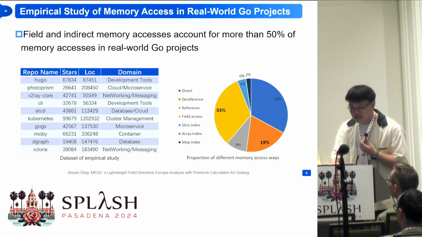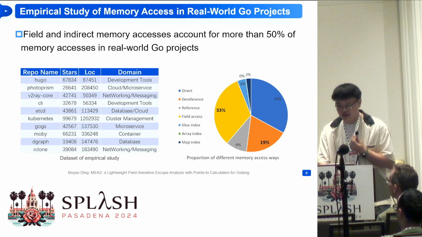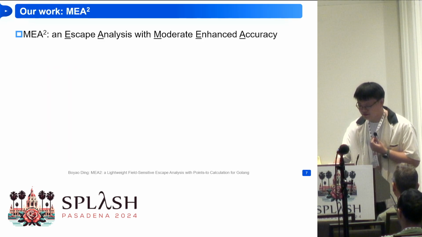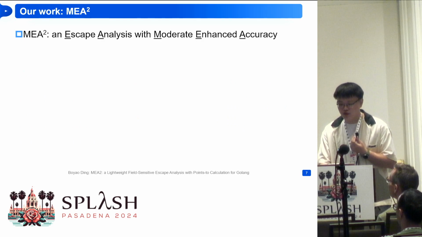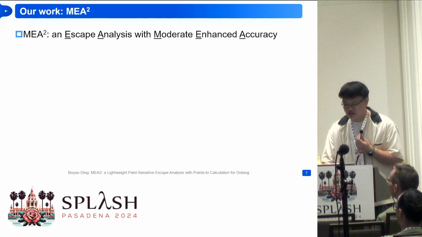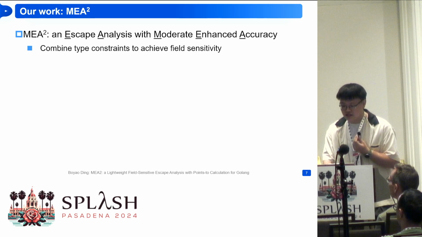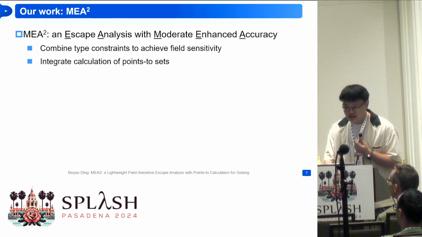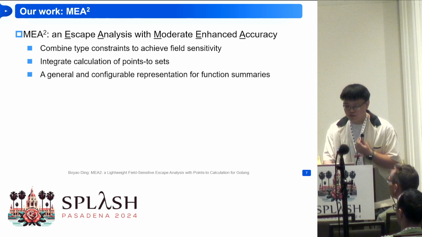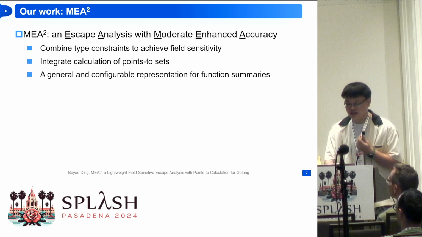This suggests that incorporating field sensitivity and points-to calculation into escape analysis offers a great opportunity to improve precision. So we propose an improved escape analysis algorithm called MEA2. It combines type constraints to achieve field sensitivity and integrates the calculation of points-to sets. Additionally, we propose a general and configurable representation for function summaries to facilitate the inter-procedural analysis.